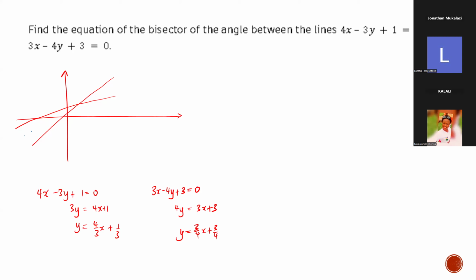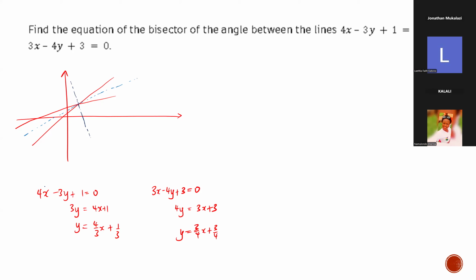We would need the angle bisector for the acute angle between them, but we could also get the angle bisector for the obtuse angle between the two lines. So there's more than one angle between the two lines, and therefore more than one angle bisector for the two lines. Now, you could do this question using trigonometry.